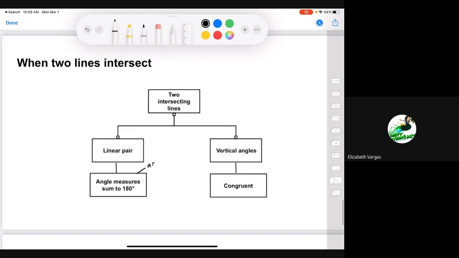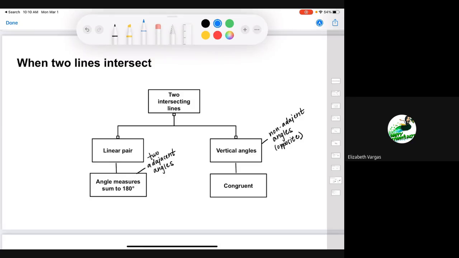So these are two adjacent angles whose sum is equal to 180 degrees. And then vertical angles are going to be the non-adjacent angles, or the opposite angles. And these are going to be congruent to each other.